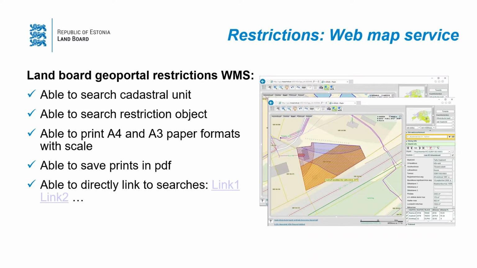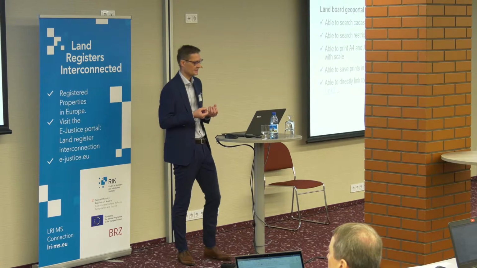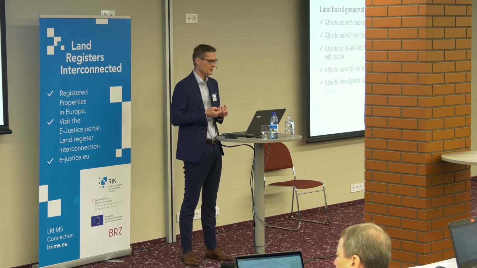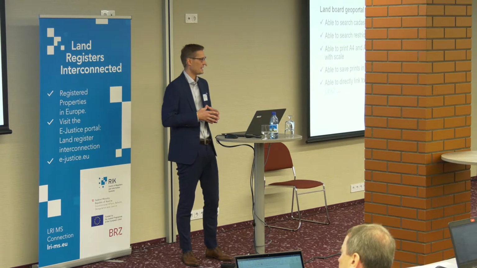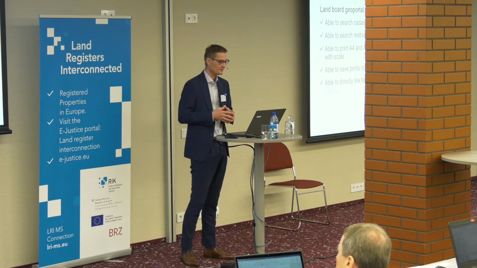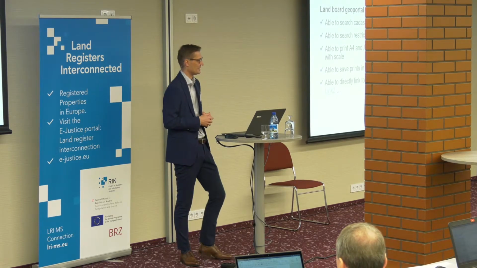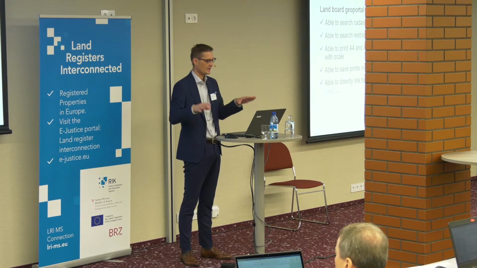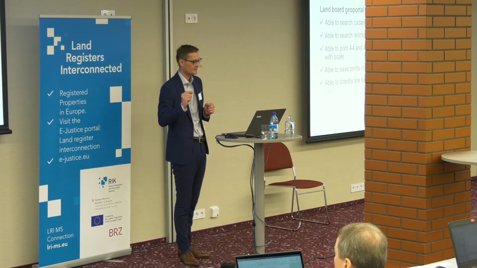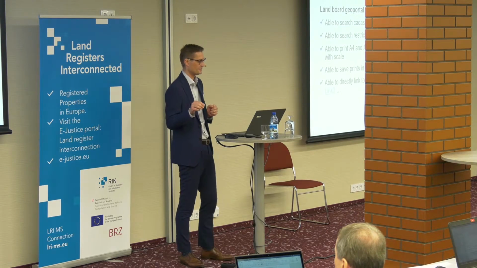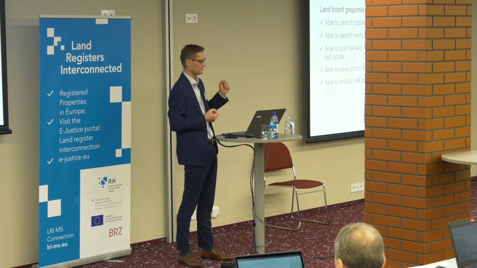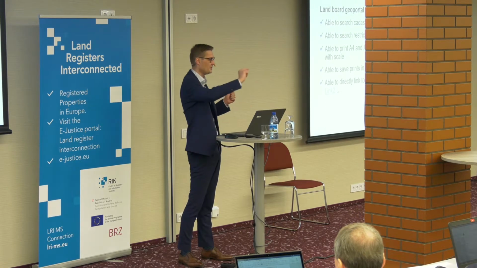Our purpose is to show all these restrictions and visualize where they are located, so that people can understand it, because there were 21 public law acts. We don't think all people can remember all 21 public law acts and walk around thinking, okay, I remember this act and there is this kind of restriction.